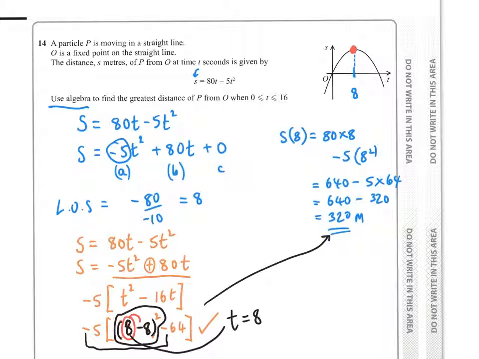Alternative methods seem to say you can sketch the graph loosely and then see that you'd get 8 as your turning point. Okay, not massively rigorous. Another way is to just say that you've got s equals 80t minus 5t squared. If you factorise that, you can take out a 5t, and that will give you 16 minus t.